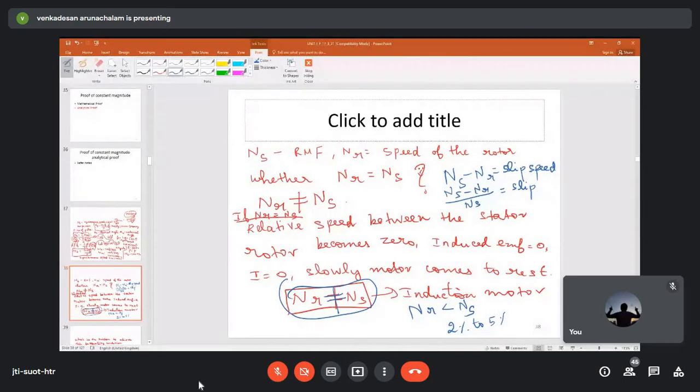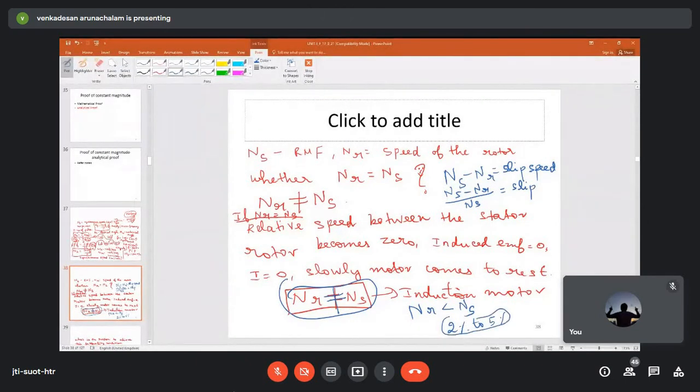But what is the minimum value of slip? This is the operating range, I am saying. I am asking the minimum, mathematically. 0. See, this is the working range, I am saying.